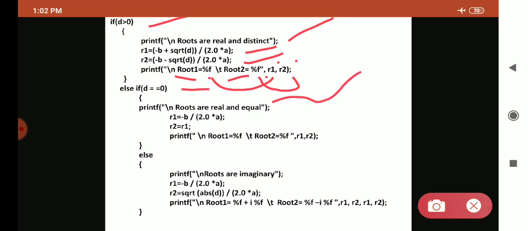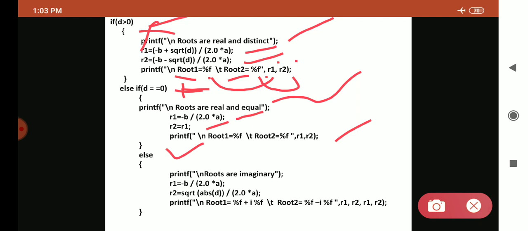Therefore we print this message and we find r1 and r2 by using the formula that we have already discussed, and here we will display the results. Now say d is not greater than 0 and d is also not equal to 0, then obviously it must be less than 0. That is why we have considered else, that is d less than 0, that is the default case.